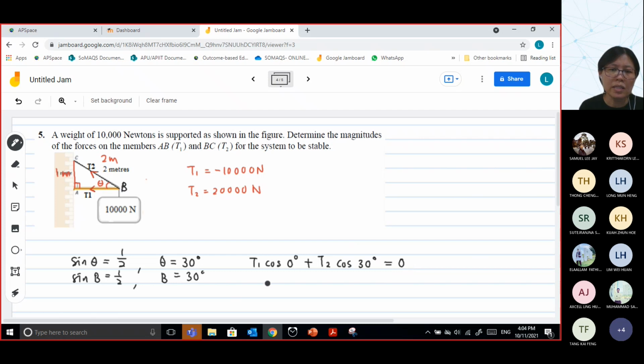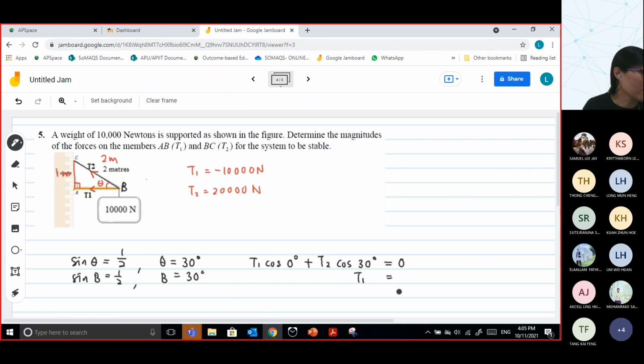So that means cos 30 is actually... here is cos 30. Hold on. T1 equals T2 cos 30.